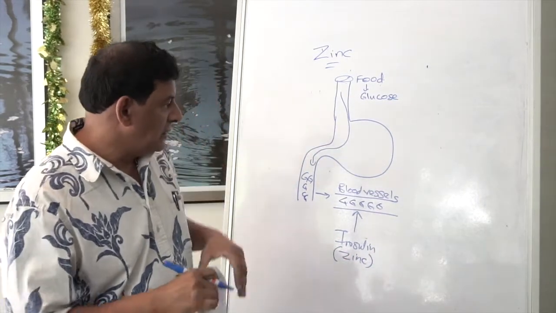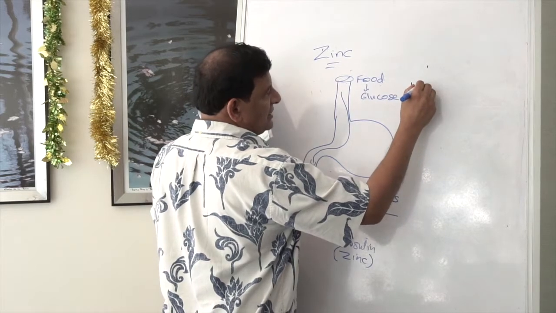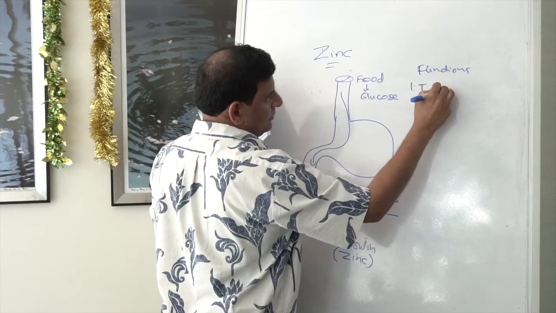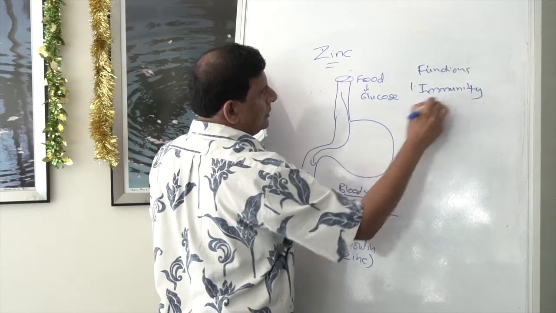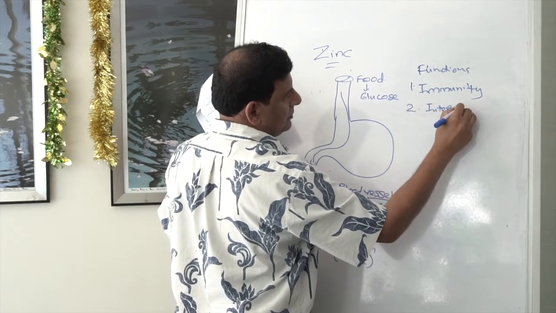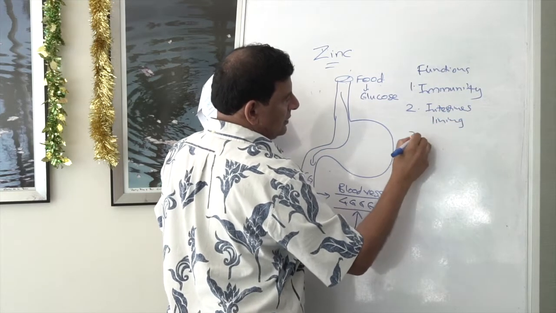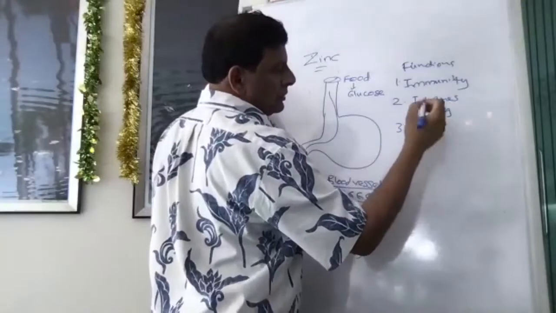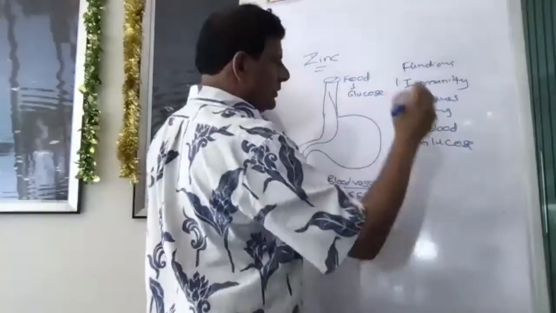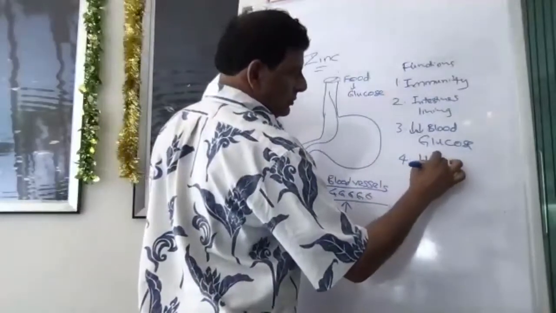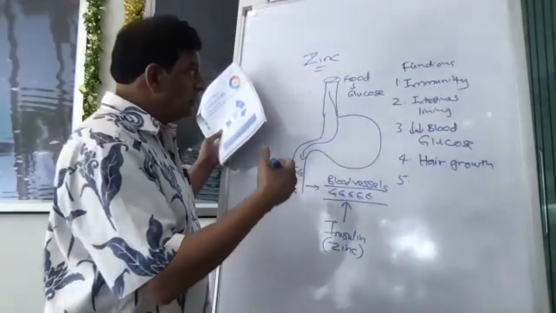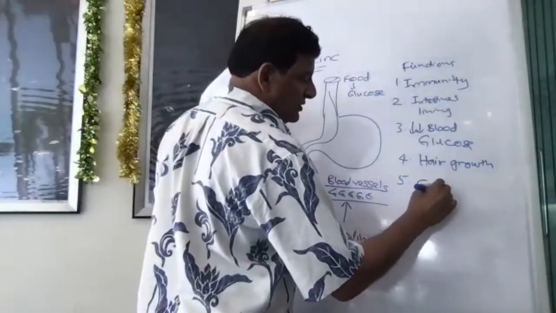You require zinc. Zinc can mean many things. It can mean zinc is required for functions: one, required for immunity; two, required for intestine lining; three, required to reduce blood glucose; four, zinc is also required for hair growth; five, zinc can also represent that you have cadmium toxicity.